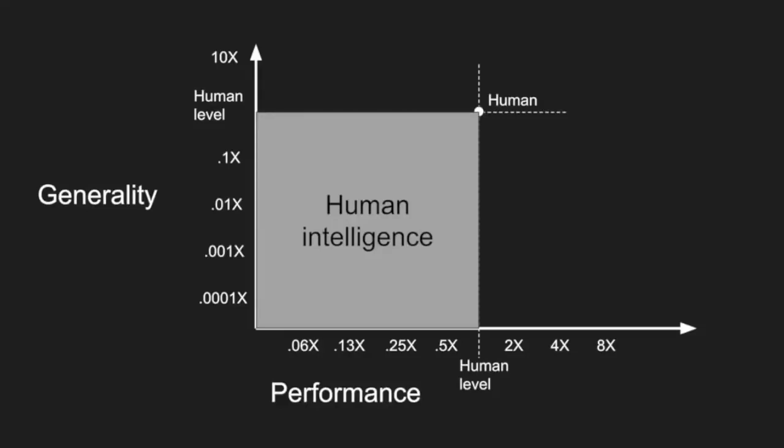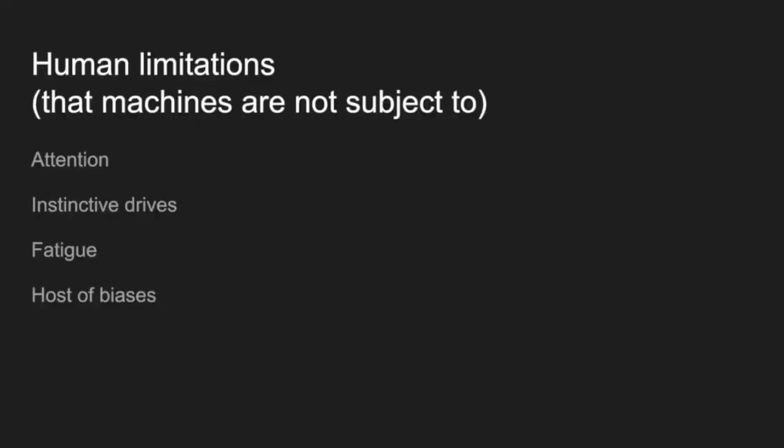I just want to point out there's no reason to believe that machines might not exceed human performance in some areas. Humans have a number of limitations that are built into the way in which we've achieved our intelligence through evolution. Things that may have been very useful at one point or may be useful broadly, but now may not be useful in pushing the limits of intelligence.